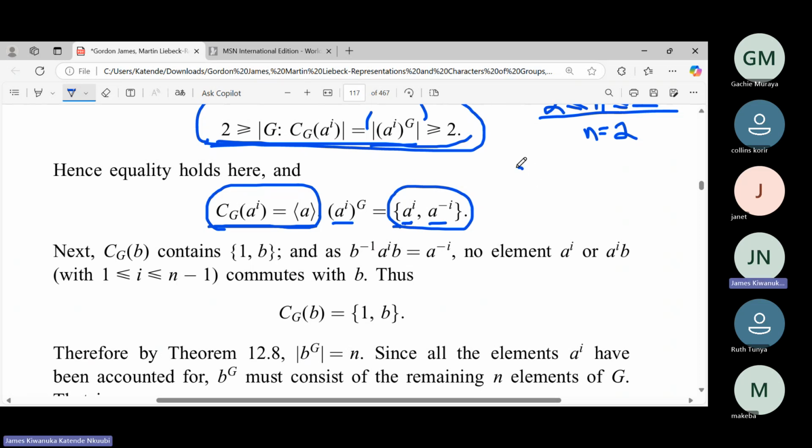So for instance, if I have A, the inverse of A will be A^(n-1). Next one will be A squared. The inverse will be A^(n-2), and so on, until, since they are being paired, I have to stop at some point.